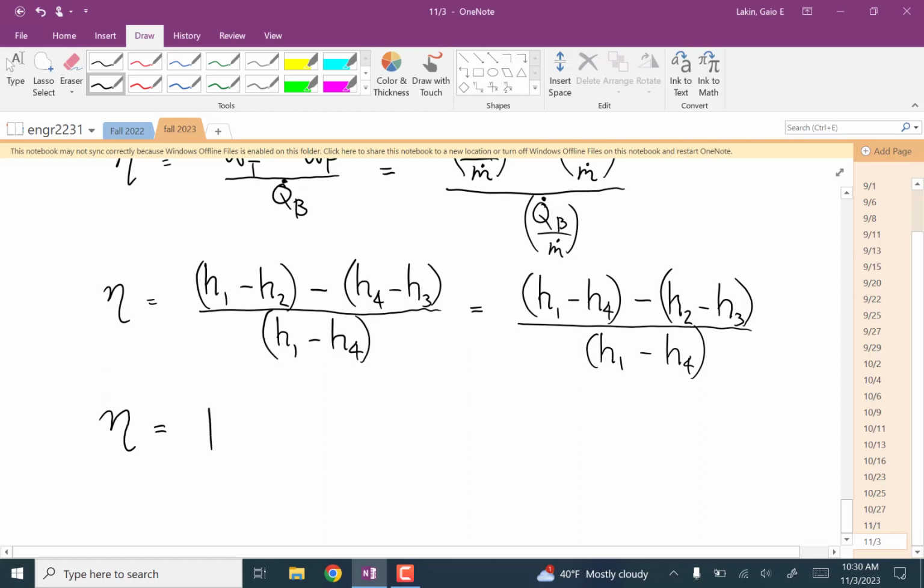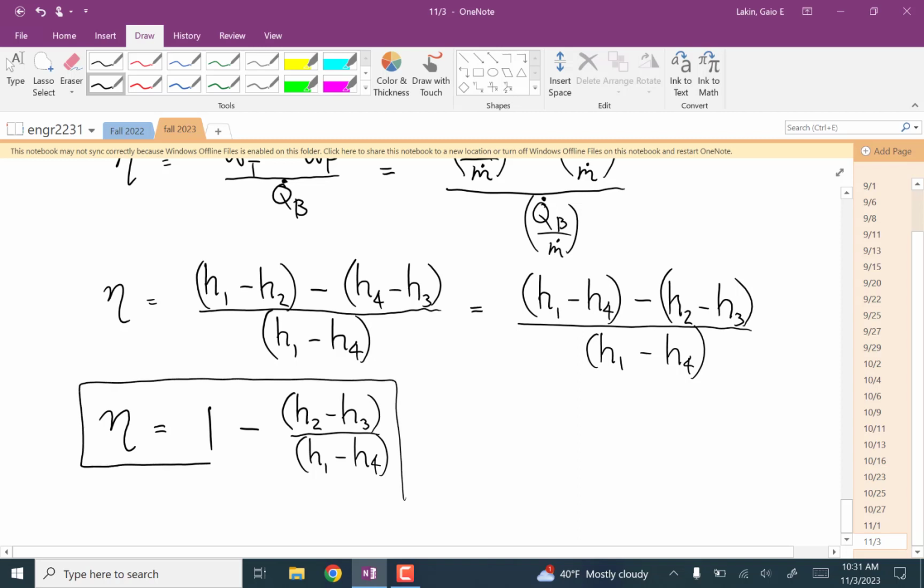So you can write this as 1 minus the quantity H2 minus H3 over the quantity H1 minus H4. And this form is nice because this is always positive, and this is always positive.